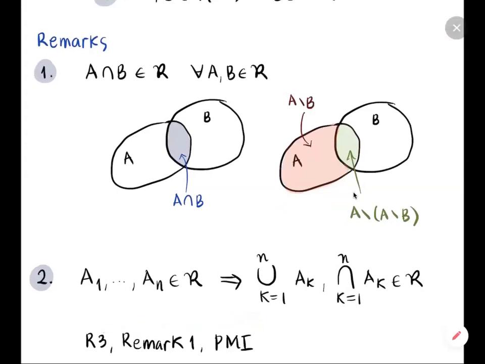Okay. And for the case of intersection, you apply the first remark, more precisely this one here, and apply as well the principle of mathematical induction. Okay. So the details are left for you to check.